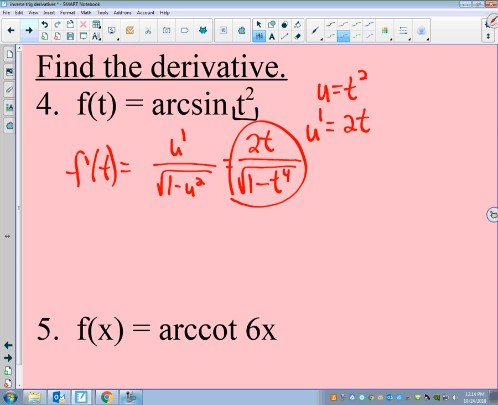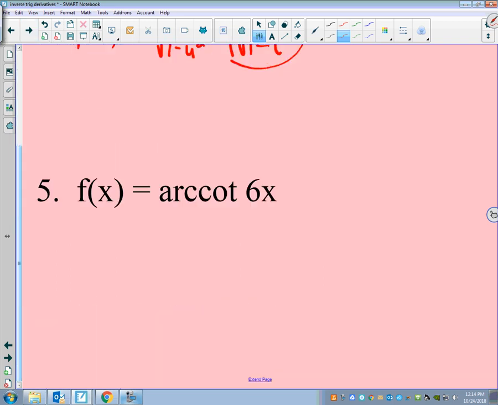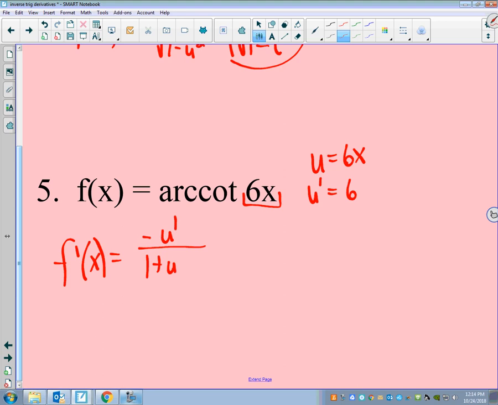Look at this one. The derivative of arc cotangent of 6x. Again, this is my u. So if u is 6x, then my u prime is just 6. If you look back at arc cotangent, it's negative u prime over 1 plus u squared.